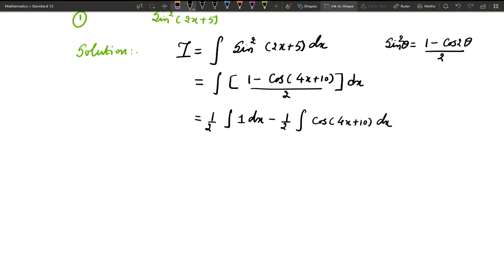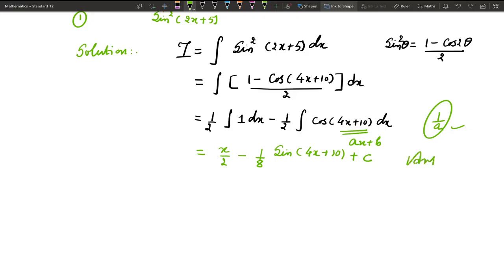Now here you note that x is replaced by ax plus b, so we have to use the 1 by a formula. So the answer is x by 2 minus sine (4x plus 10) upon 4 into 2, that is 1 by 8, plus constant of integration. So this is the solution.